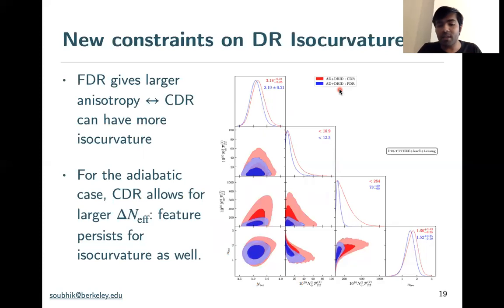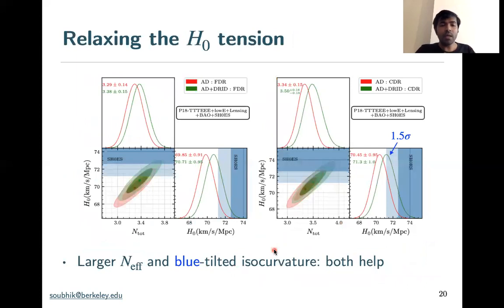Generically speaking, you see that for CDR, you have larger isocurvature perturbation, and that is expected because I just told you that CDR gives you less anisotropy, so you can hide more isocurvature in CDR. That is what is seen here. Also, CDR allows you larger delta N effective as well.